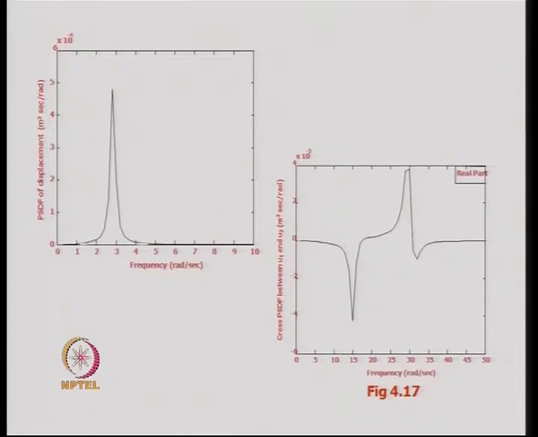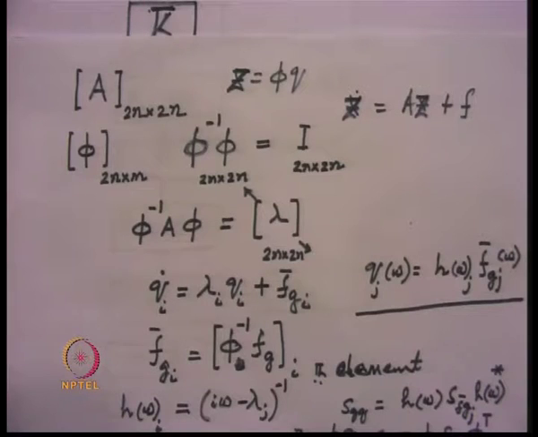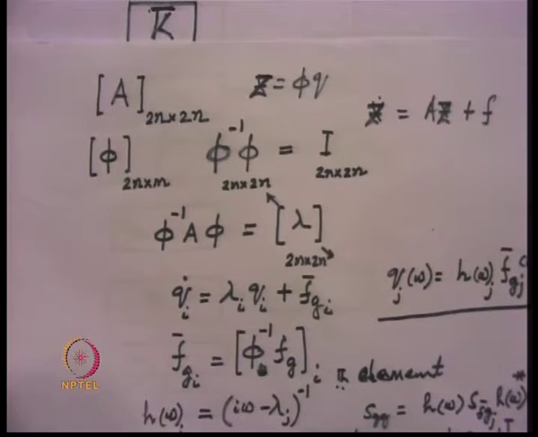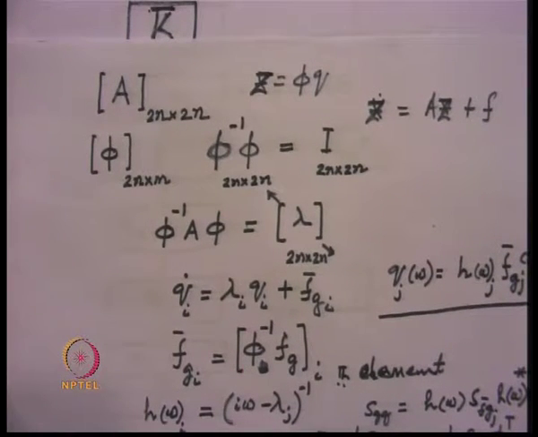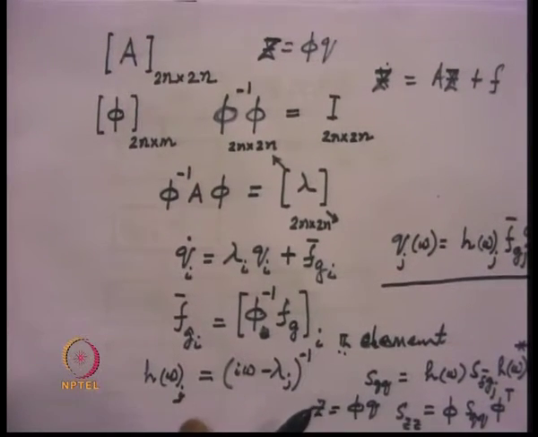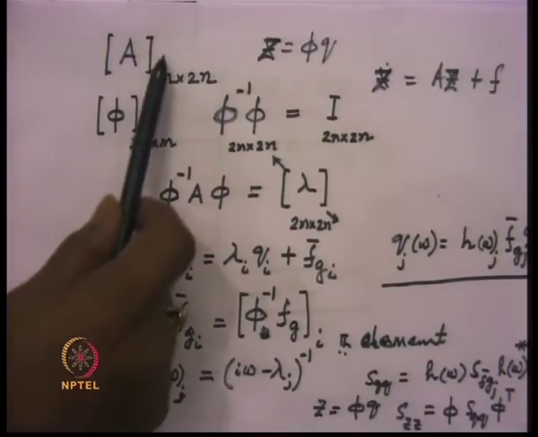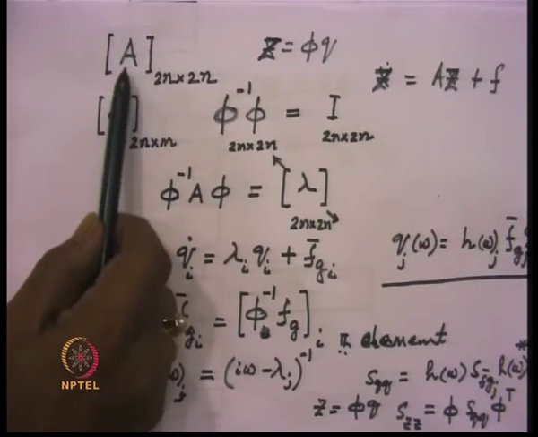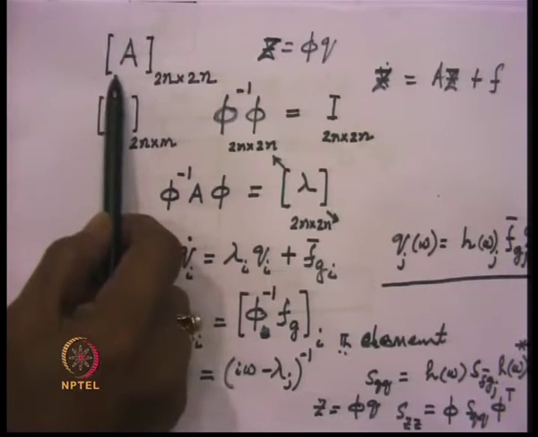Now, in the state space, one can obtain the responses using again modal analysis. Now, for that, say this is the A matrix in the state space formulation.